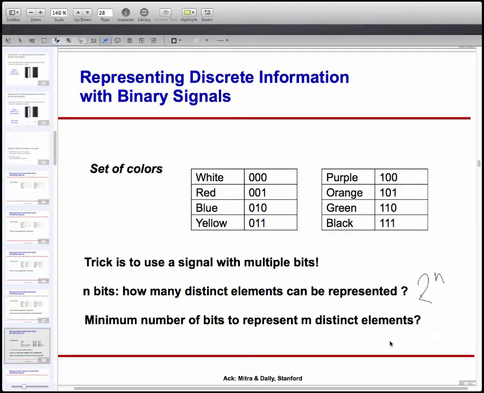This is 2 to the power n, and this is going to be log to the base 2 of m, and then ceiling. That many is the minimum number of bits that we are going to need. Is this not clear to anyone? Okay.